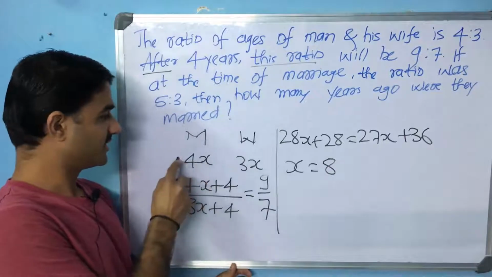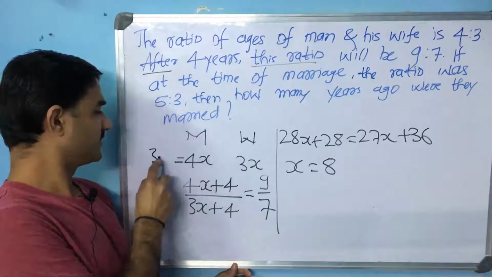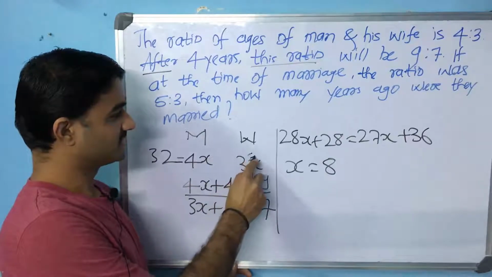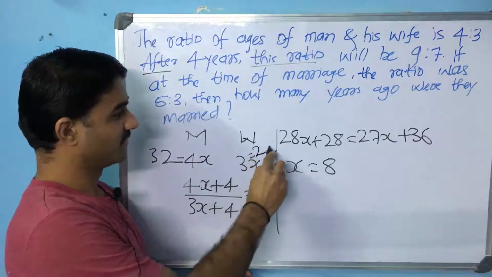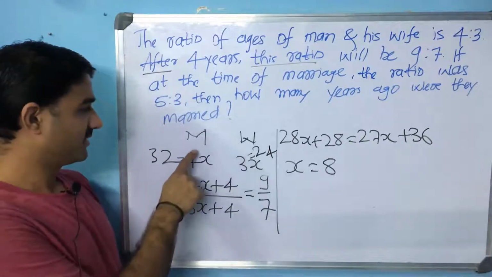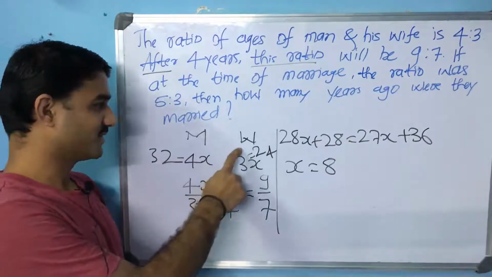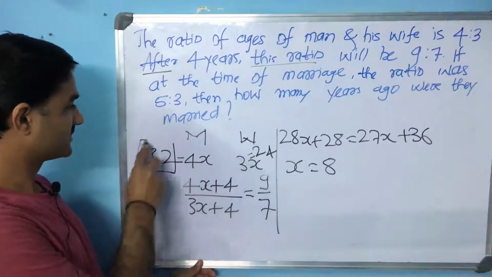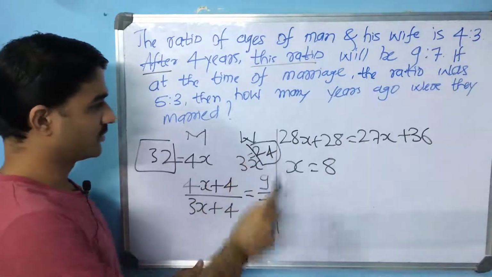When you substitute here, 4x becomes 32, that is 4 into 8 is 32, and 3x becomes 24. What does it mean? At present, the man is 32 and his wife is 24. We got two values, one is 32, the other is 24.